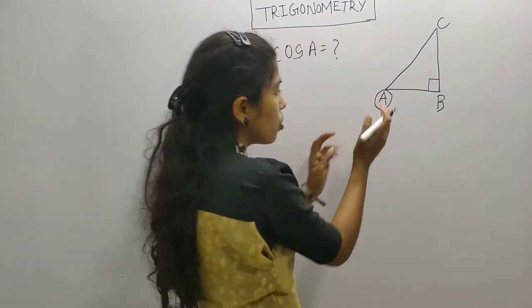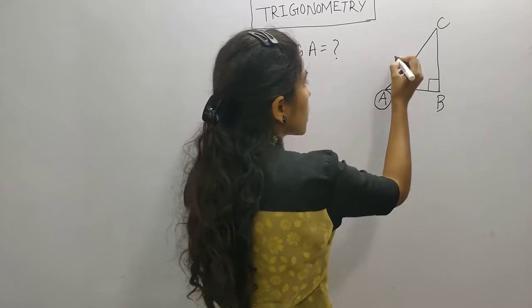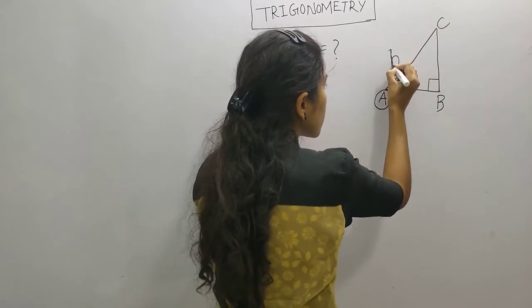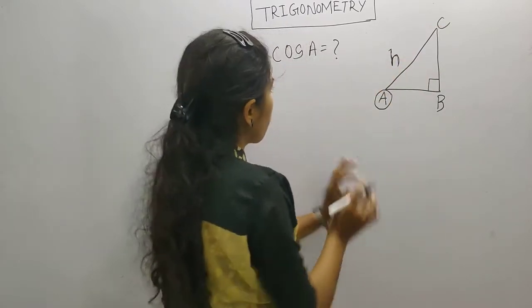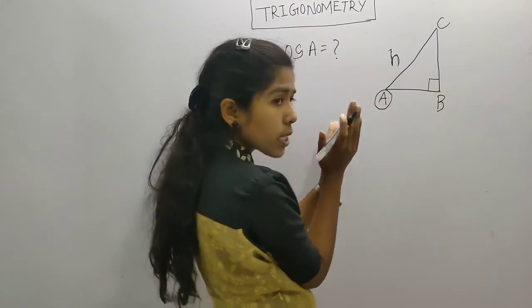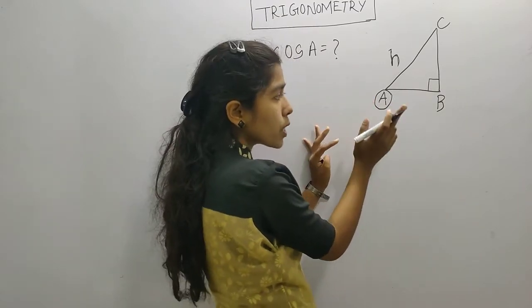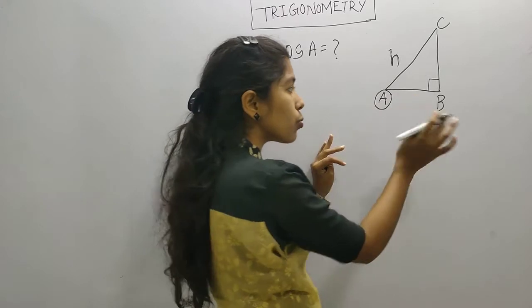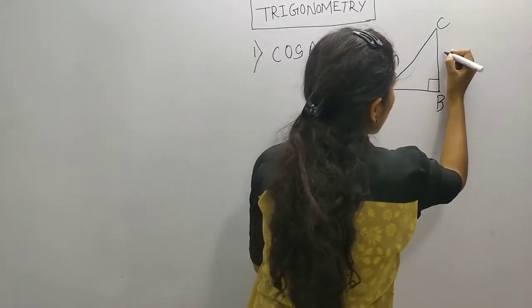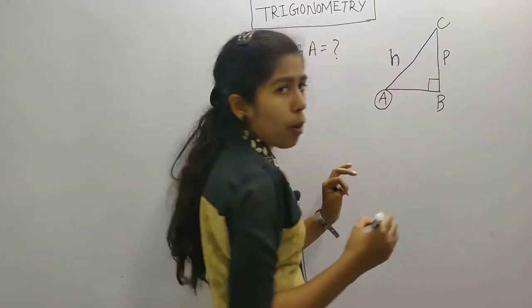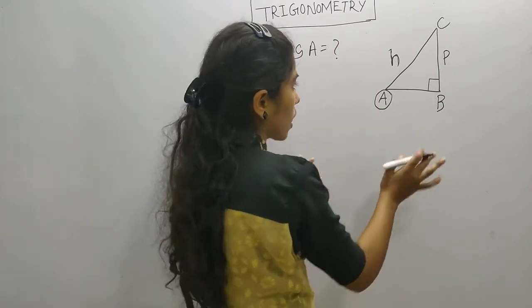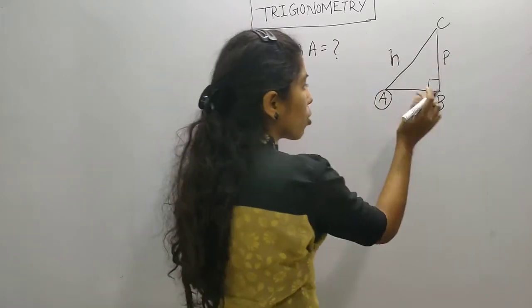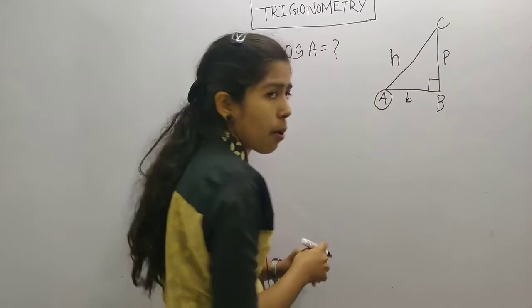This is A. So no doubt AC is the hypotenuse. Clearly we can see it. Then, the side opposite to angle A is BC, so it will be the perpendicular. So hypotenuse, perpendicular, then AB will be the base.